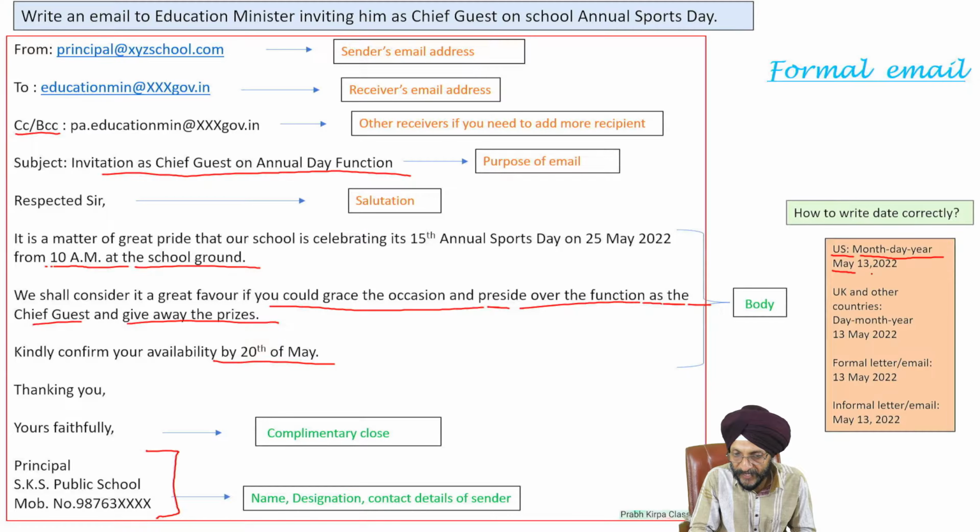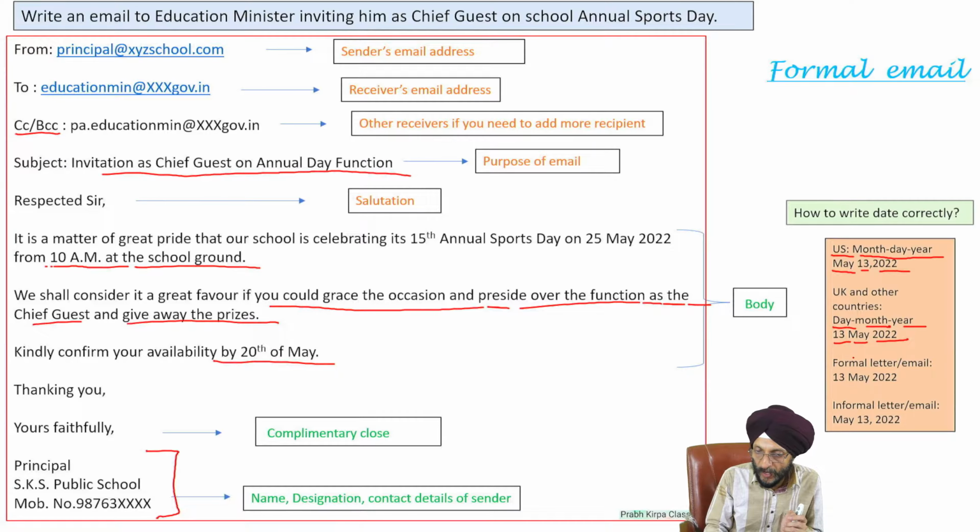That is May 13, 2022. However, in the case of the UK and other countries, they write the day first, followed by the month, and then the year. That is 13 May 2022. They do not add th or a comma after May.